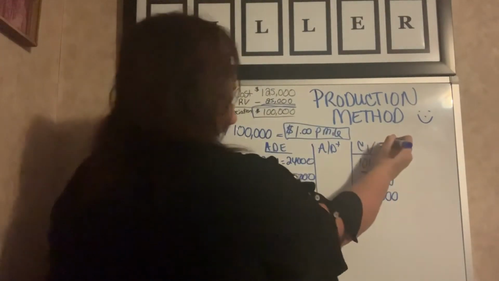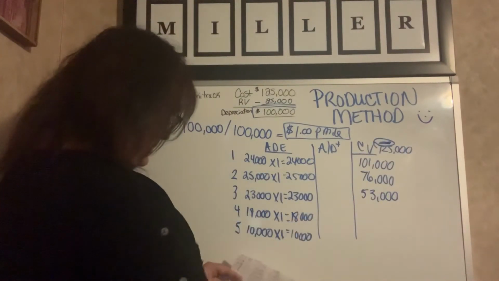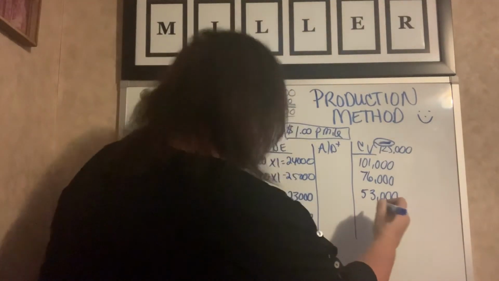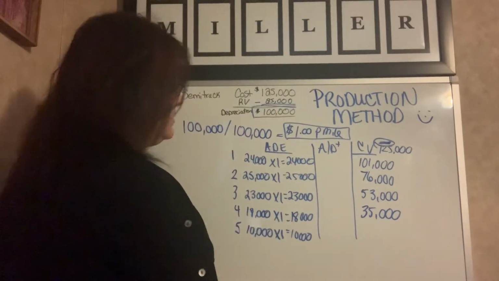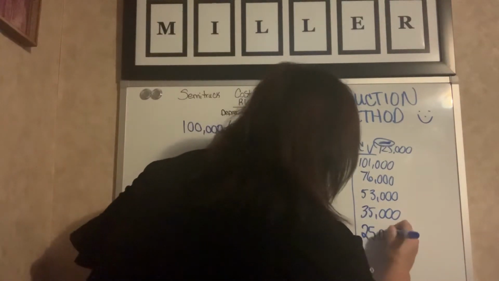That's all this is, a subtraction column. That's all you're doing here. 53,000 minus $18,000 should get you down to 35. And then finally, the last one, 35 minus 10, should again get you down to your residual value number.